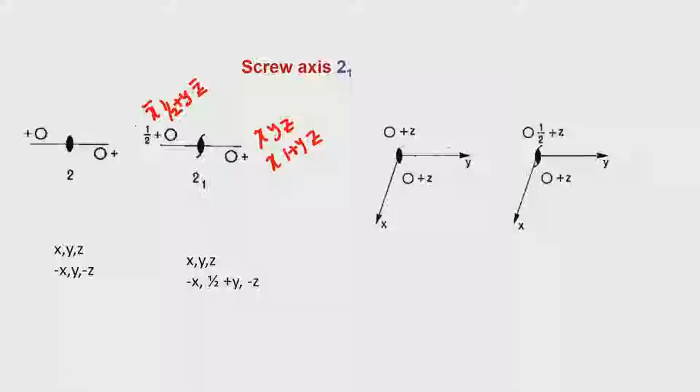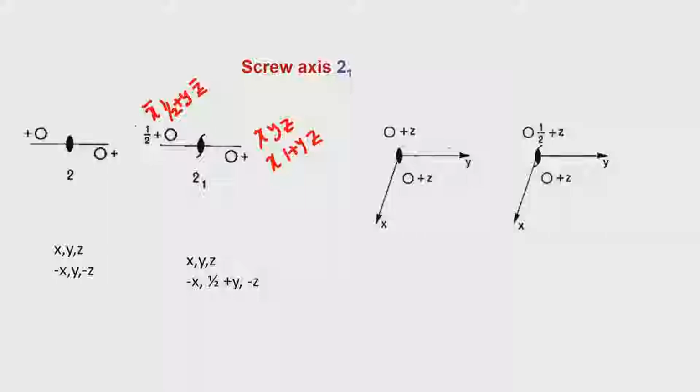And this 2 1 symmetry does not exist in general, it exists only if you have a crystalline system which is possessing a twofold axis. So translational periodicity will generate a half translation component if you have this 2 1 axis.